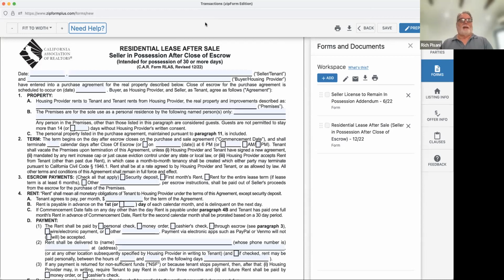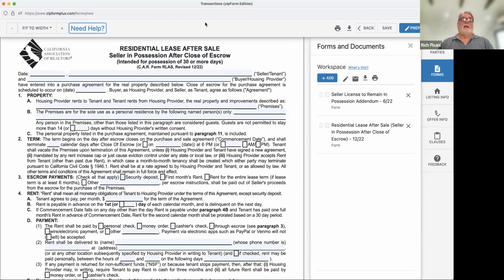And guests are not permitted to stay more than 14 days. That's a long time, 2 weeks. Without housing provider's written consent. Now, a seller is going to say, "This is my house, and I should be able to have guests for as long as I want." But guess what? You sold it, and on the close of escrow, it's no longer your house.